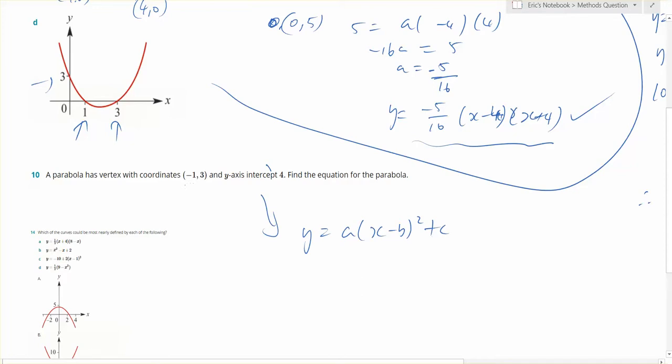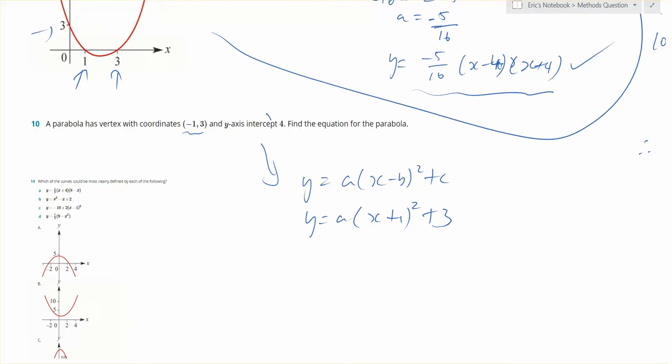Our turning point's at negative 1, 3, so I can sub in what we know. Negative 1 for the x coordinate means it's shifted 1 to the left, so therefore that has to be plus 1 squared, and it's been moved up 3.